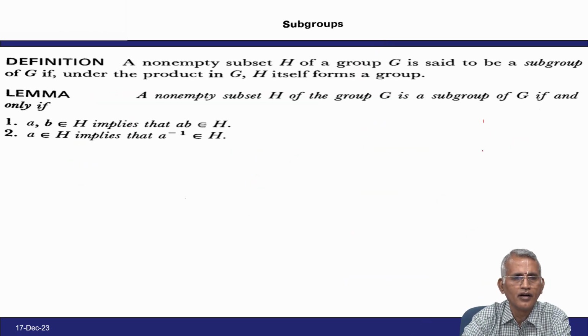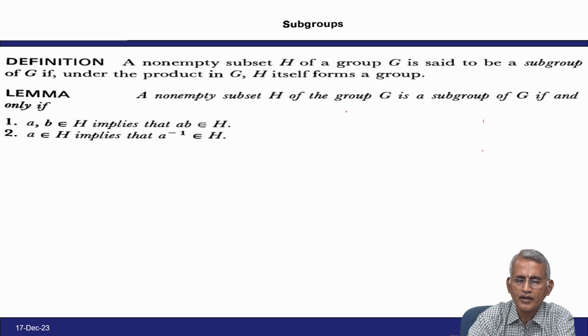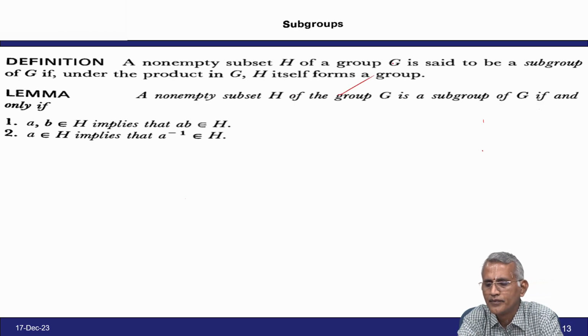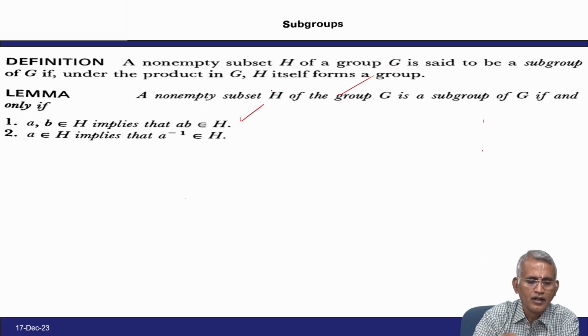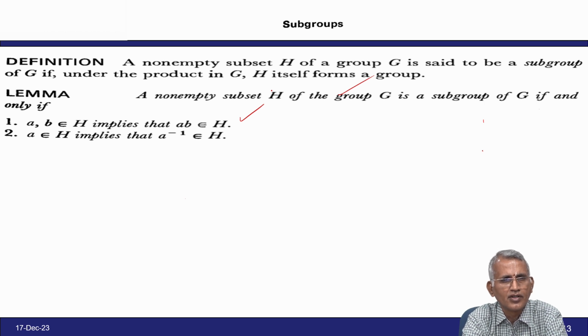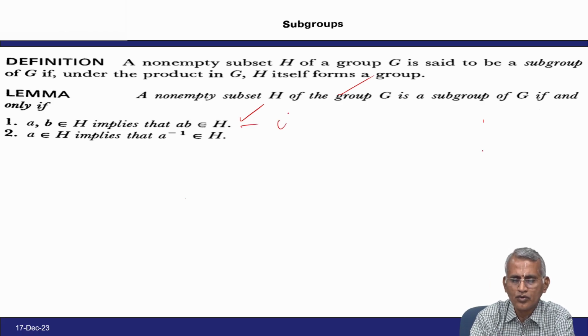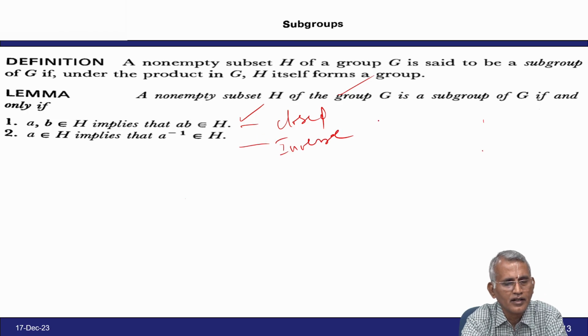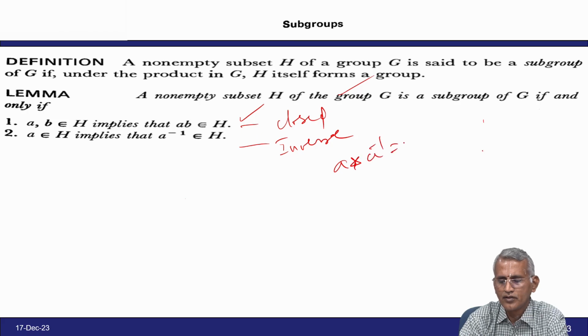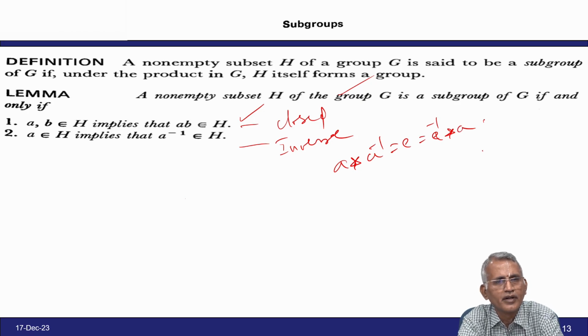Now, we have a lemma: a non-empty subset H of a group G is a subgroup of G if and only if A, B in H implies A star B in H, and A in H implies A inverse in H. That is, it is closed and has inverses. If the inverse property is satisfied, ultimately the identity element comes, because A star A inverse equals E, which equals A inverse star A. So, it satisfies the inverse property.